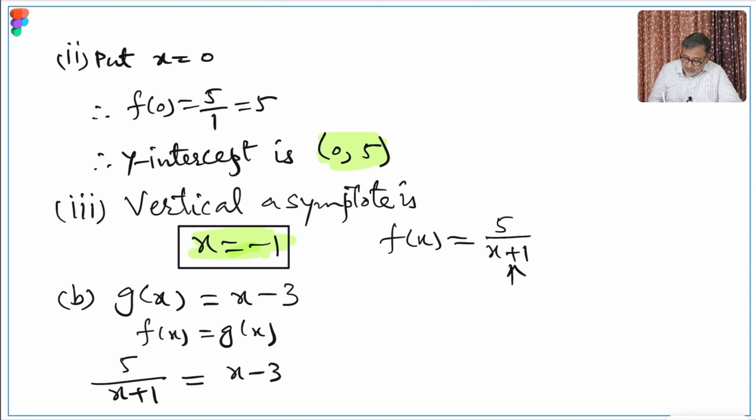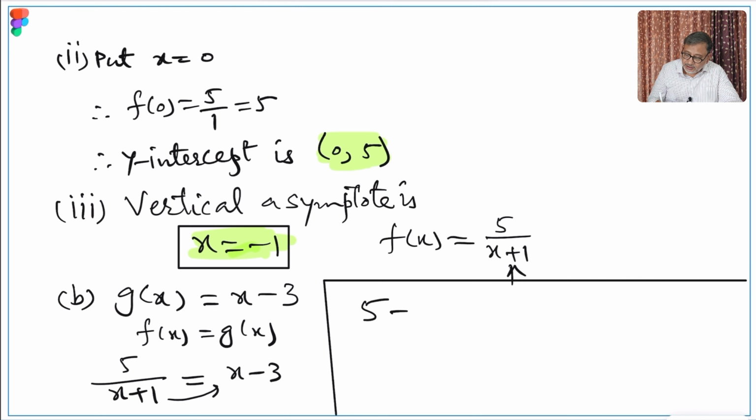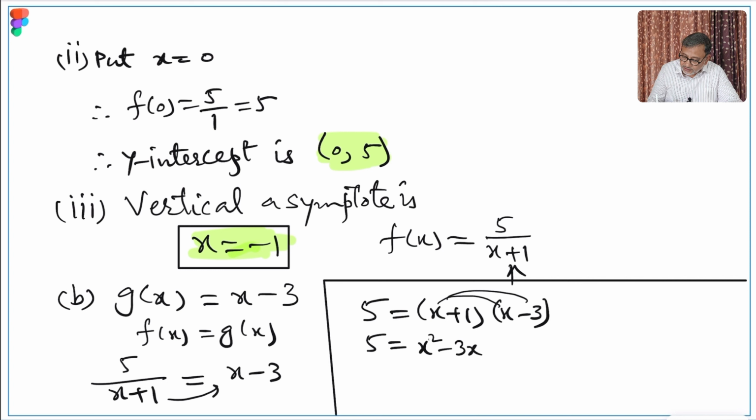So they will give you 5 is equal to x plus 1 multiplied by x minus 3, right? So 5 is equal to x square minus 3x, then plus 1x, then minus 3.